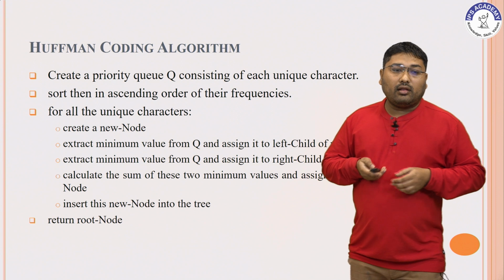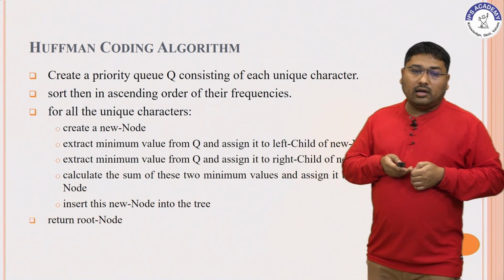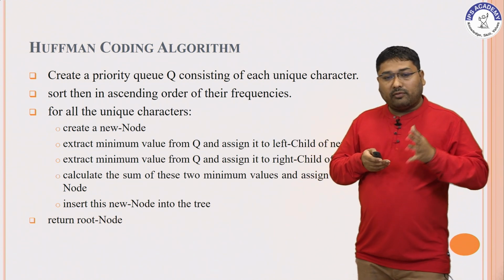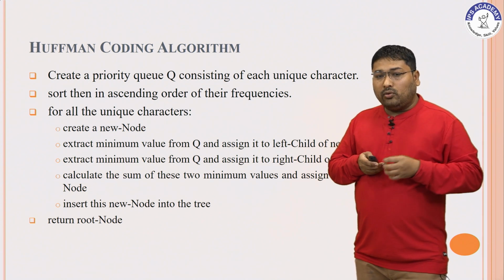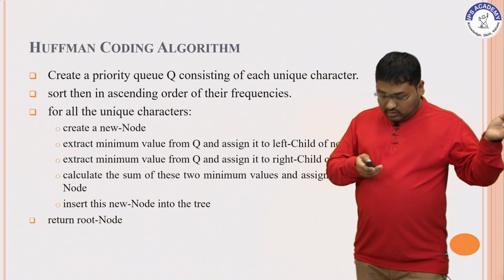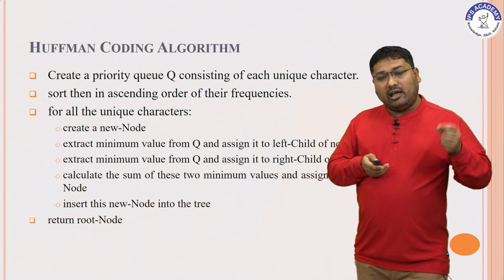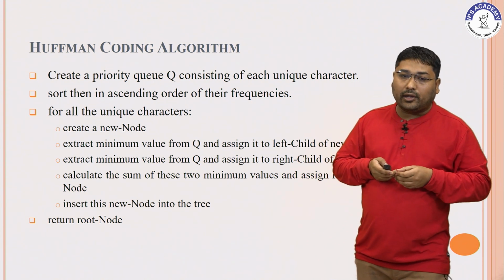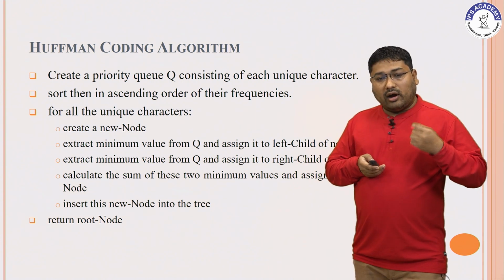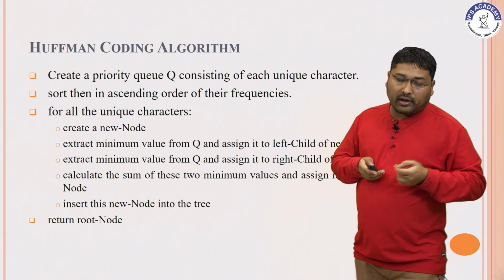Now, what is the algorithm of Huffman coding? First, create a priority queue consisting of each unique character. A priority queue is used to always store data in increasing order, so we use the priority queue data structure. Then sort them in ascending order according to their frequency.